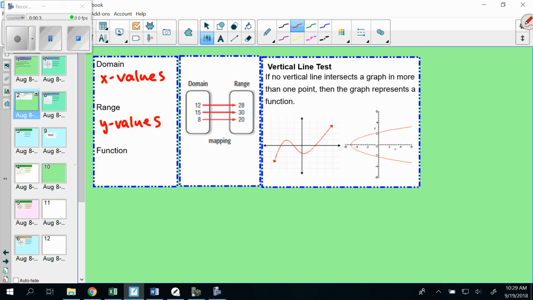A function, as we looked at a little bit before, is a special relationship where each input has a single output.